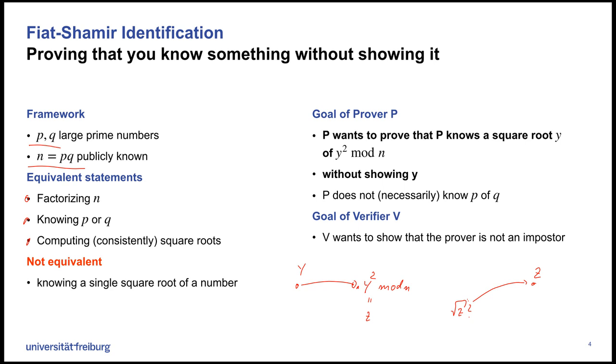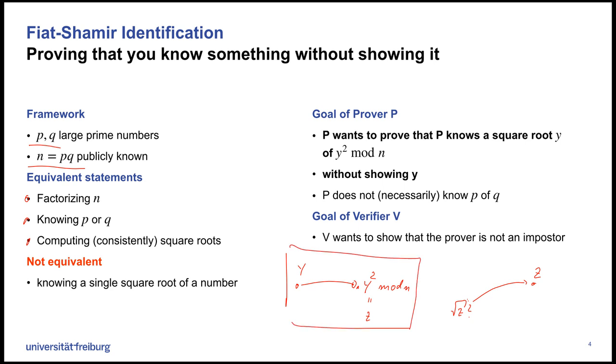For some numbers, which you can choose, you know the square roots, but if I give you a number, you cannot compute the square root, because if you can compute the square root, you can factorize n. So the question is, how can I prove that I know the square root?